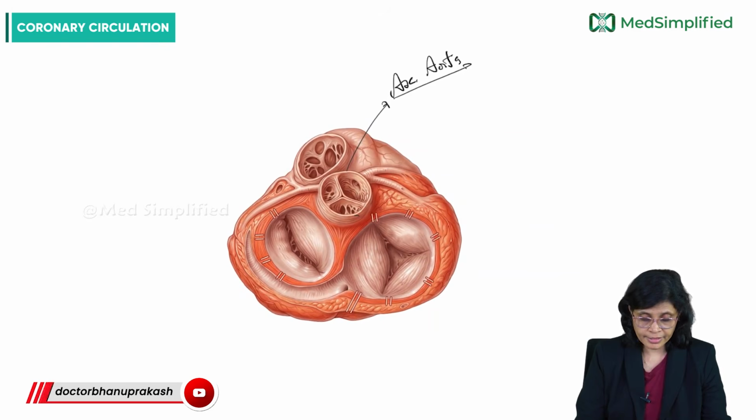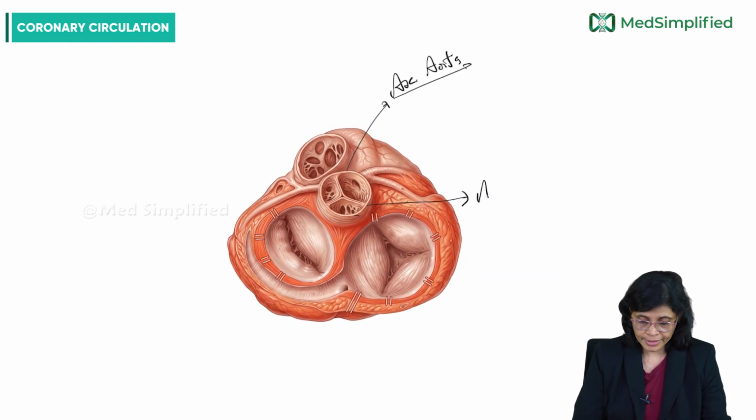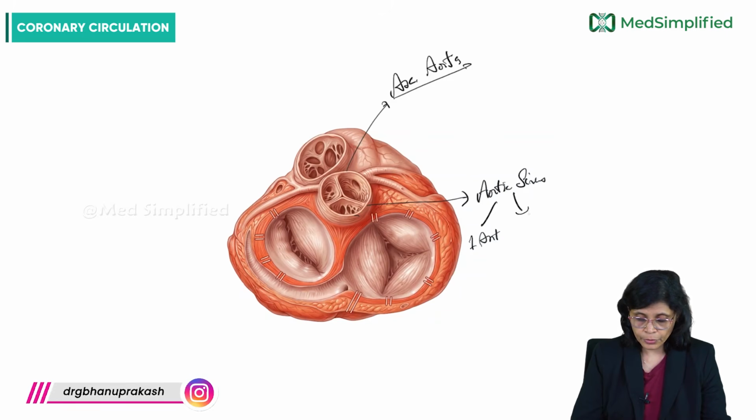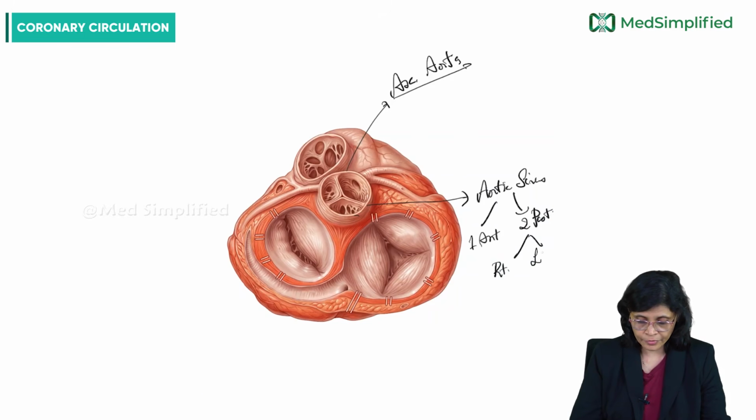So these are the aortic sinuses. We have one anterior and two posterior aortic sinuses. Among the posterior aortic sinuses, we have a right one and a left one.